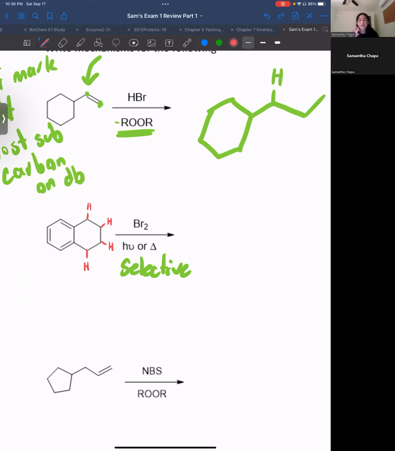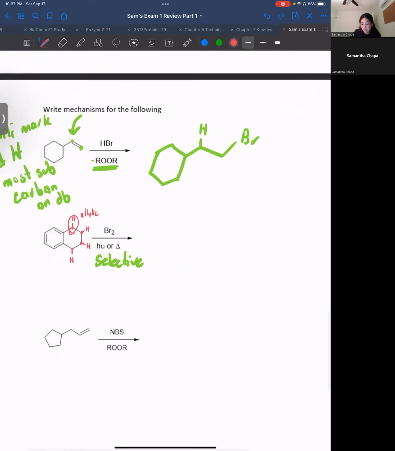So that hydrogen wasn't even a choice. Out of these four, you can pick one of them. But they're in the same chemical environment again. So this one and this one are the same, and this one and this one are the same. So you basically only have two choices. And the clear choice would be this right here because it's allylic. It's the easiest to pluck off this carbon-hydrogen bond because the radical is going to be more stable.